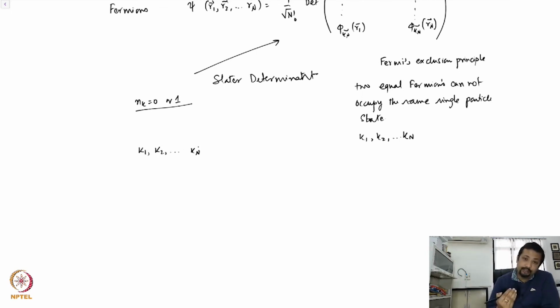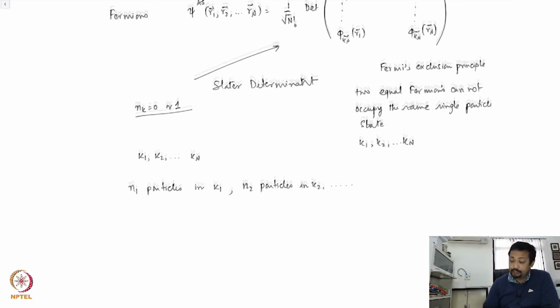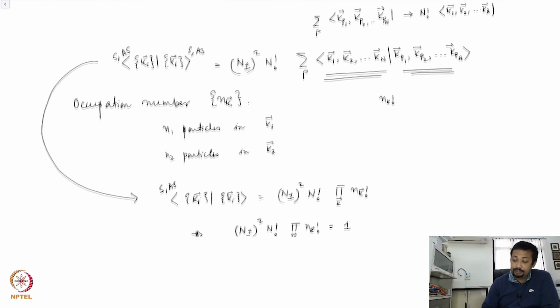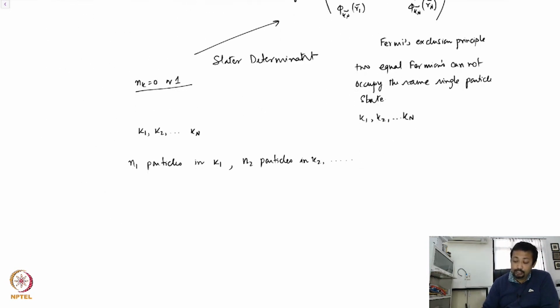So if there are n1 particles in k1 and n2 particles in k2, and so on, then this inner product contributes to the sum only nk factorial times, and therefore the normalization becomes n factorial times the product over k of nk factorial, where n factorial is the total possible number of permutations you can have.